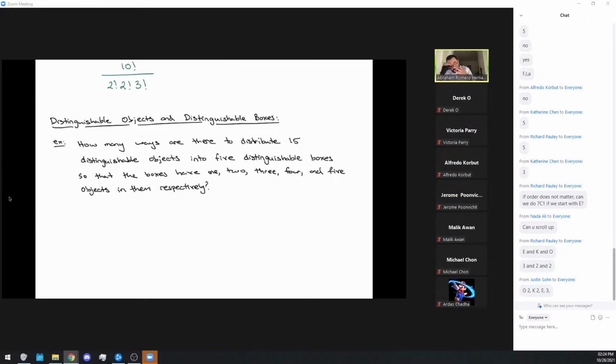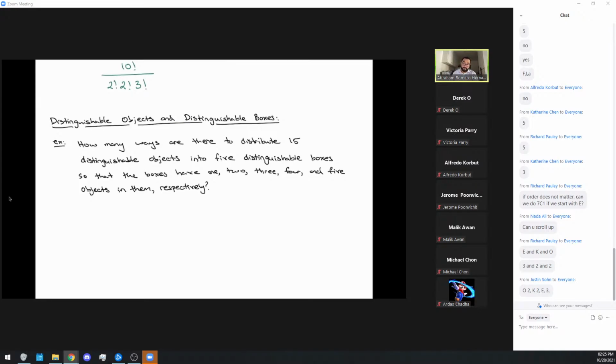So in other words, you have 5 boxes. How many ways are there to distribute 15 distinguishable objects into 5 distinguishable boxes so that the boxes have 1, 2, 3, 4, and 5 objects in them, respectively? What they're saying is, if you have 5 boxes, the first box has 1, the second box has 2, the third box has 3, the fourth box has 4, and the fifth box has 5.